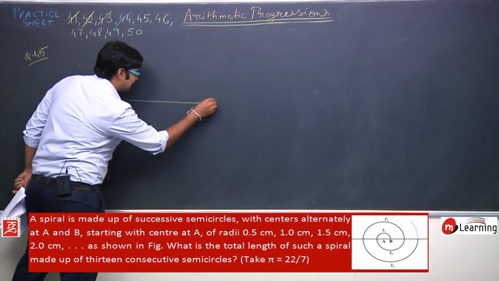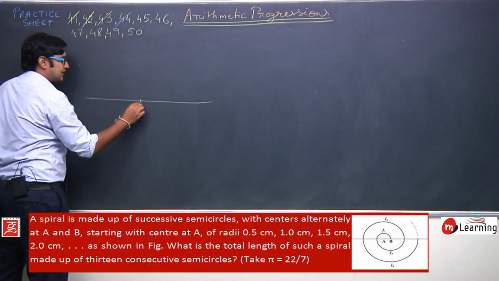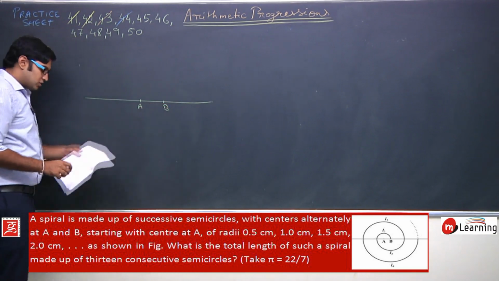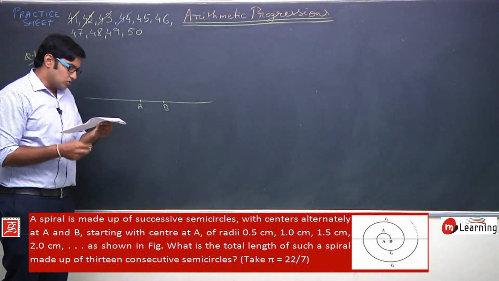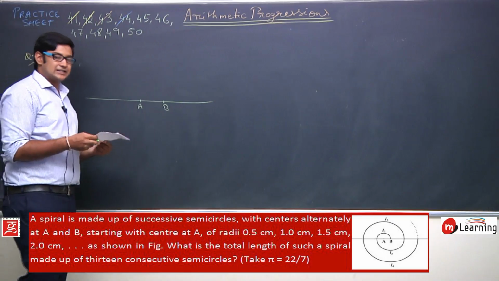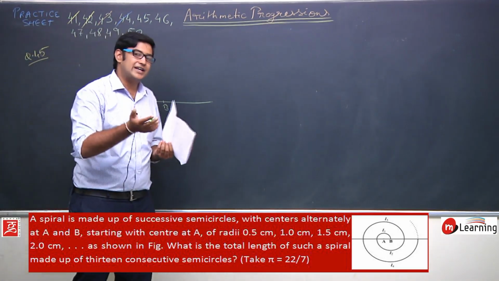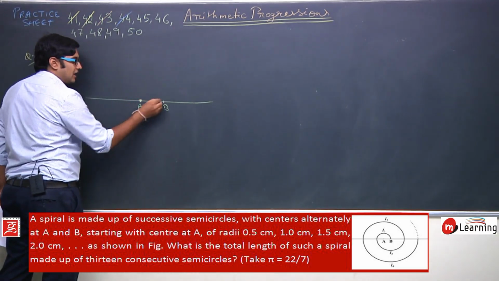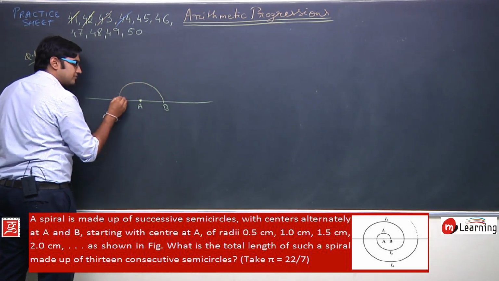Let us say this is a straight line, and on this there are two centers. This is A and one more center as B. So what it says is from these two centers semicircles are drawn alternately. Alternately means if I take this A as the center, I have drawn a semicircle like this.